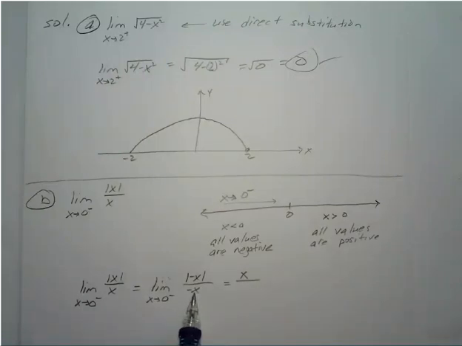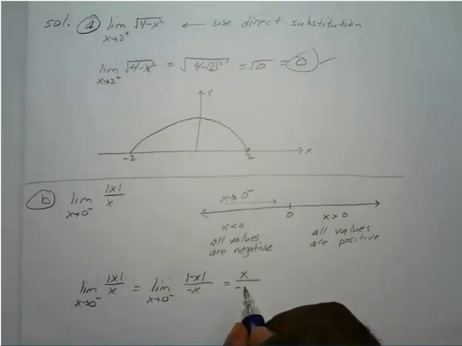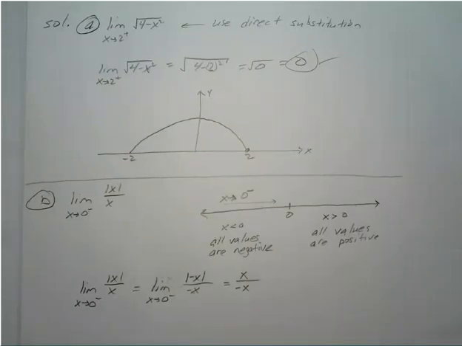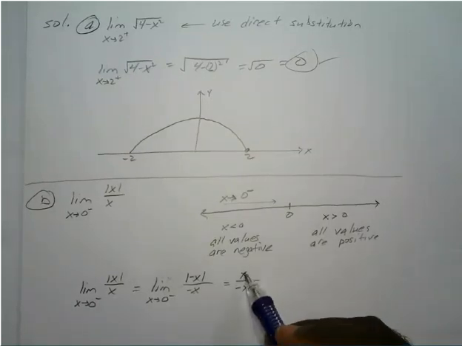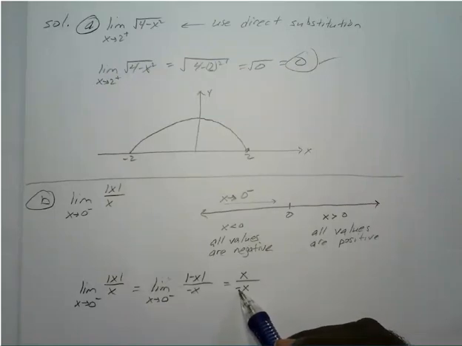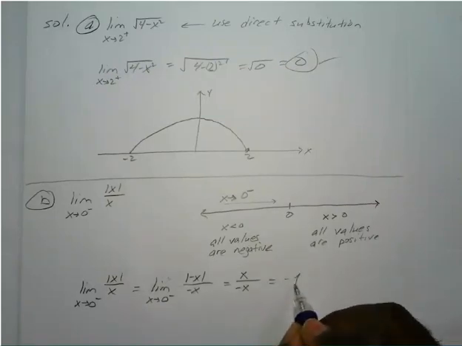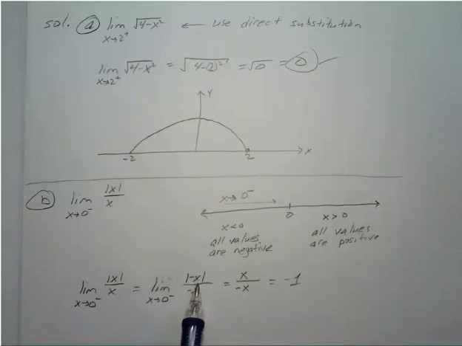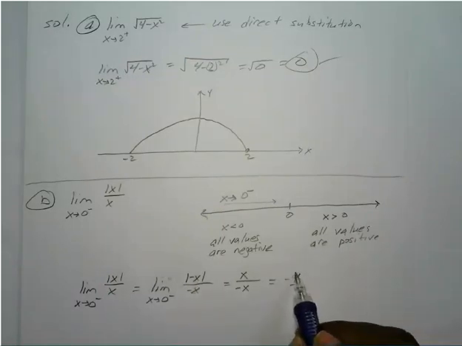And here you have the negative x, which is no absolute value, it's just negative x. So you have x over negative x. Anything divided by itself is just 1, and you have that negative, so that's going to equal negative 1. Actually, that would have just been the limit of negative 1, which is negative 1.